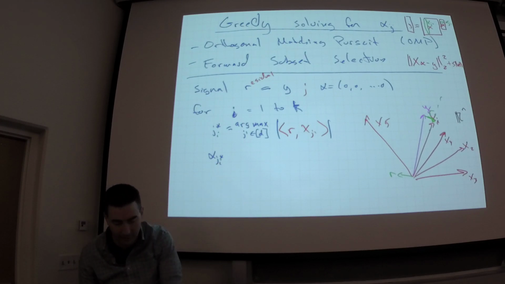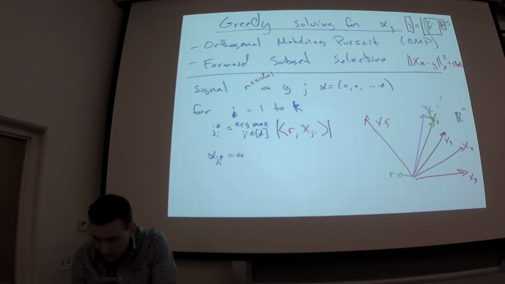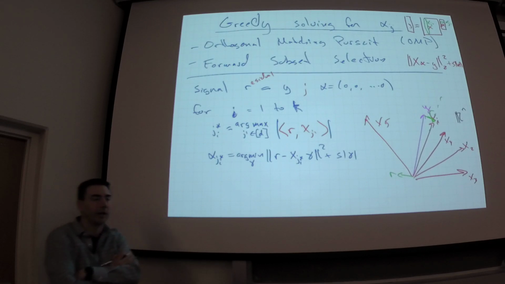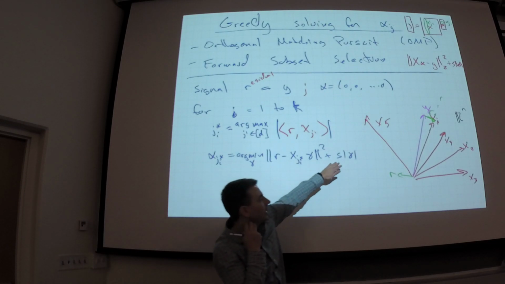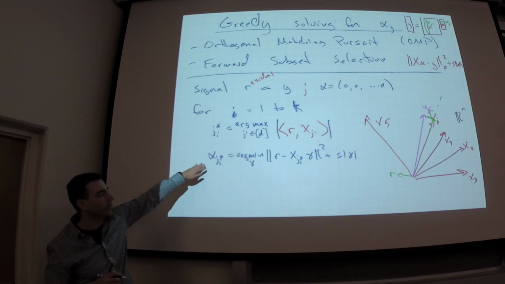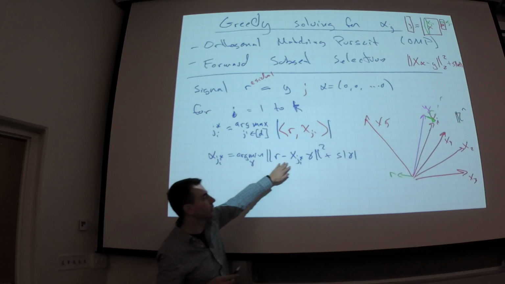I need to solve for this alpha here, which is the argmin over gamma of the norm of r minus x_j_i star times gamma squared, and maybe I add this residual term as well, which I can optionally add and will help induce sparsity. So I can solve for the gamma that minimizes this cost function.